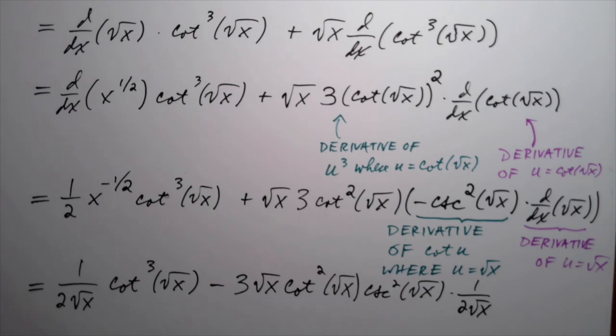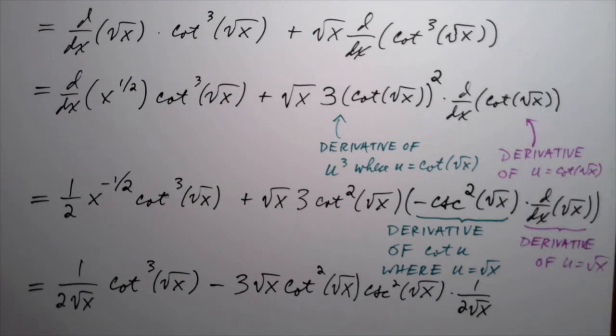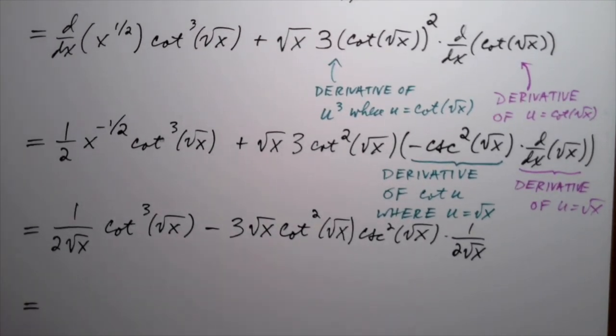That's the derivative. We took the derivative twice in analyzing the derivative of cotangent cubed of the square root of x. It's a threefold composition. We had to use the chain rule twice. I feel like there's some common factors, so I think it's worth writing this in a nicer way. Let's see, what are the common factors?